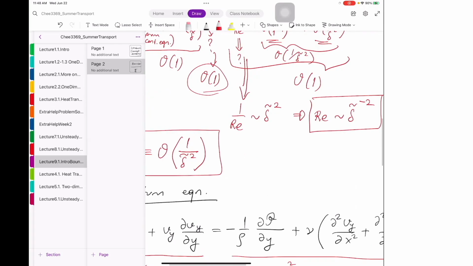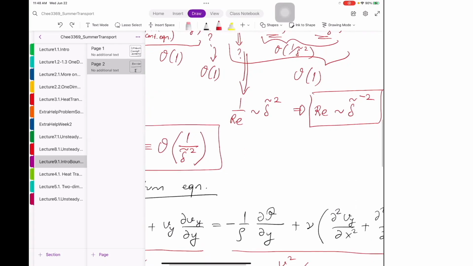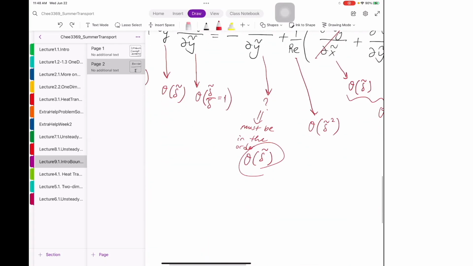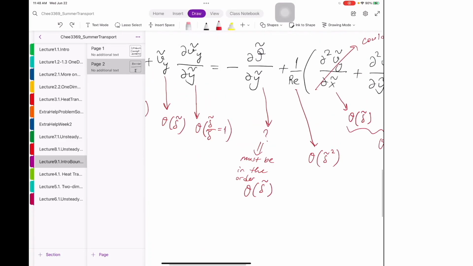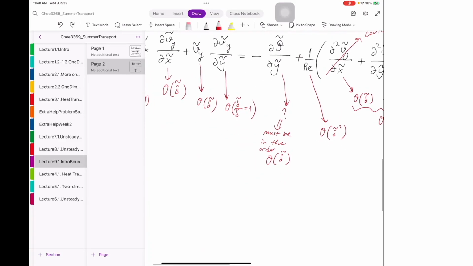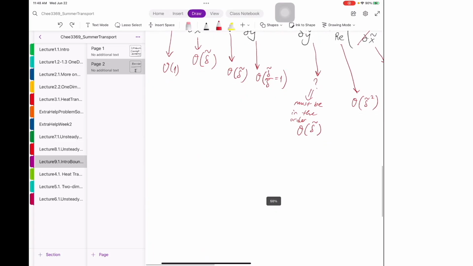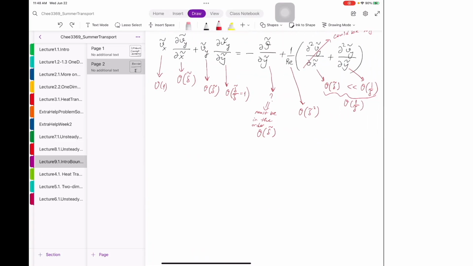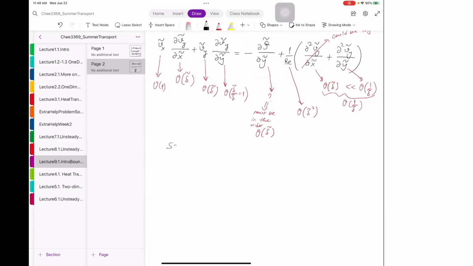So as you can see, since this is order 1, and 1 is much, much larger than delta tilde, then the derivative with respect to x is much, much larger, right? Shouldn't it be delta squared?